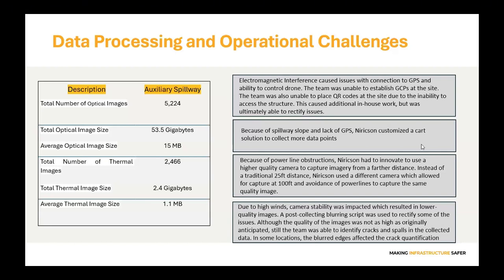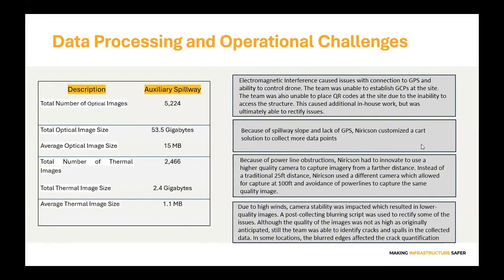And because of some of the power line obstructions, we had to adjust the quality of the camera we use to capture from a farther distance. Depending on the camera and the lens, all that detail can impact how far you need to fly from the structure in order to capture that 1 millimeter pixel resolution.